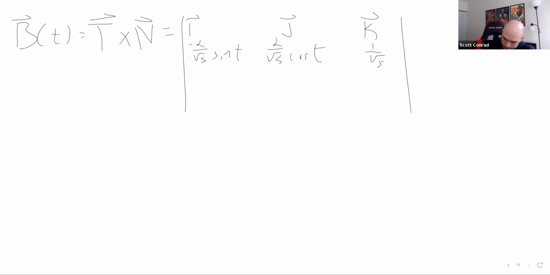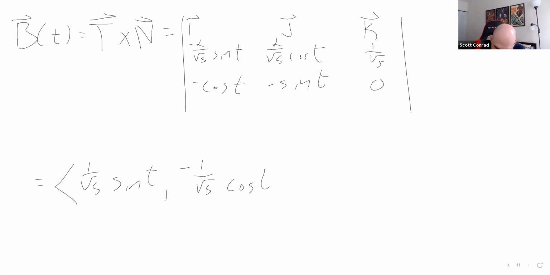And then n was negative cos t, negative sine t, 0. And when we take that cross product, we get 1 over root 5 sine t, negative 1 over root 5 cos t, and then 2 over root 5 sine squared plus 2 over root 5 cos squared, which is just 2 over root 5. And that is our binormal vector.